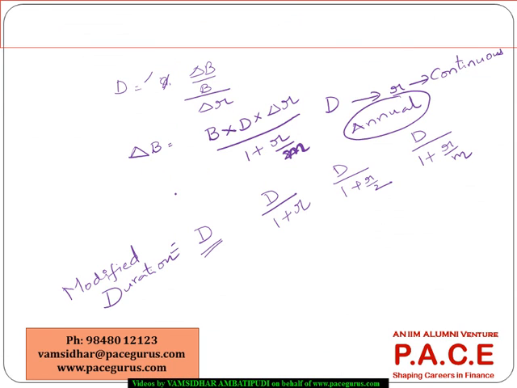Now the modified duration is under the concept that once I know the compounding frequency, I'll get a modified duration value accordingly by dividing the duration either by 1 plus r or 1 plus r by 2 or any other appropriate number. And now in the other context, I can talk about the duration for a portfolio, especially if I have, let's say, three bonds, the duration for the first one being 7, the second one being 4, and the third one being 3.7.